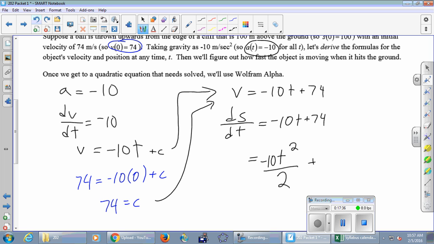Plus someone whose derivative is 74. 74t plus, very general, c. It's not the same c. I said we were going to make lots of uses of the same c, even though it's not. So this is not the 74 c that we found before. It's a brand new c, but we'll just call it c. What's a good name for this guy? s. That is the position. That is the solution to the differential equation.